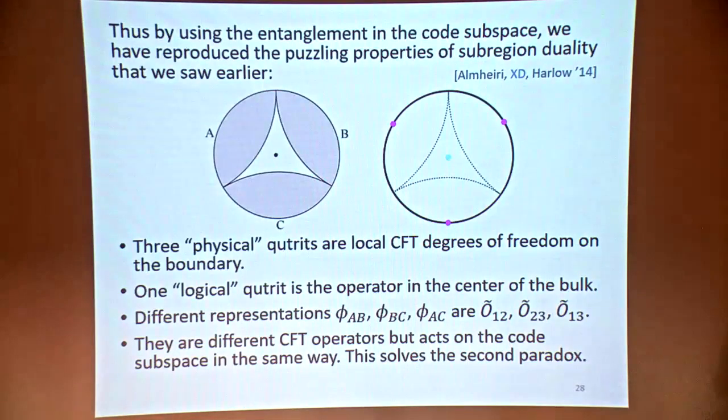This is what we mean by subregion duality. So when we write down this equation of phi equals the integral of something, we should be thinking of it in the quantum error correcting code way, rather than in terms of an operator equation in the CFT. So this solves the second paradox, the paradox that we seem to have different ways of representing the same operator and how they are related.